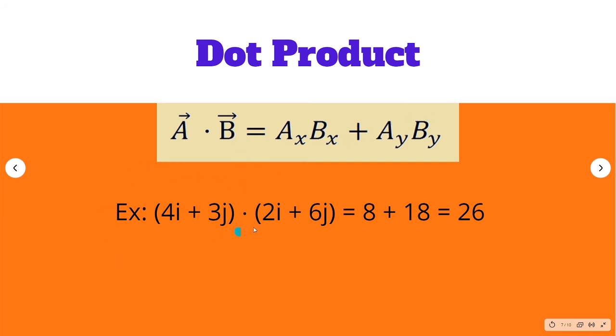And so here's an example. If you have the vector 4i plus 3j, and the dot product of that with the vector 2i plus 6j, you'll simply multiply the 4 and the 2 and add the 3 times the 6. So it'll be 4 times 2, which is 8, plus 3 times 6, which is 18, and that gives you 26, of course.